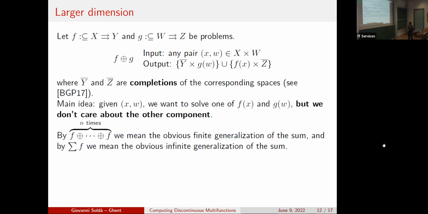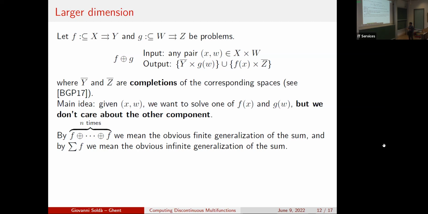Okay. And of course, there's no reason why you should be willing to add just two problems. You might want to add n of them, and we actually do. So the nth sum is the finite generalization of the sum, and you can check that this operation is associative in the strong Weihrauch degrees.